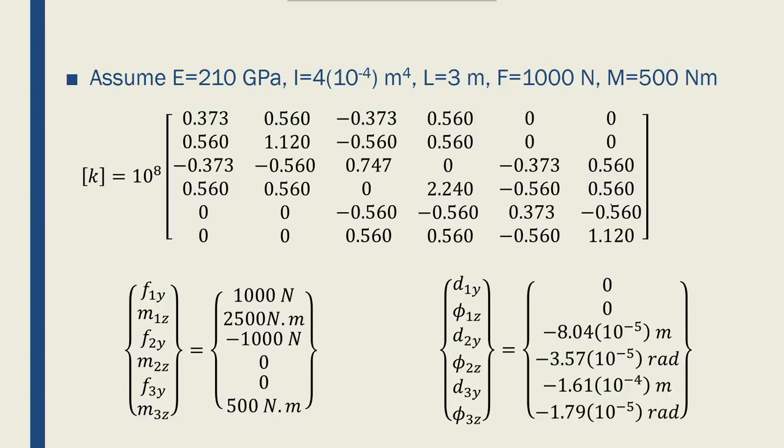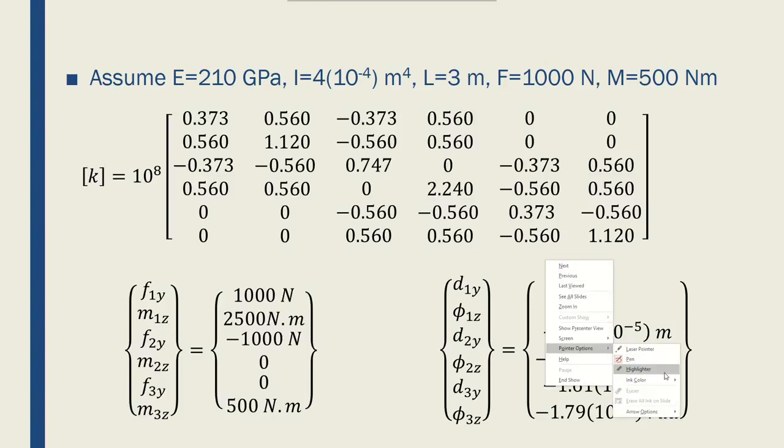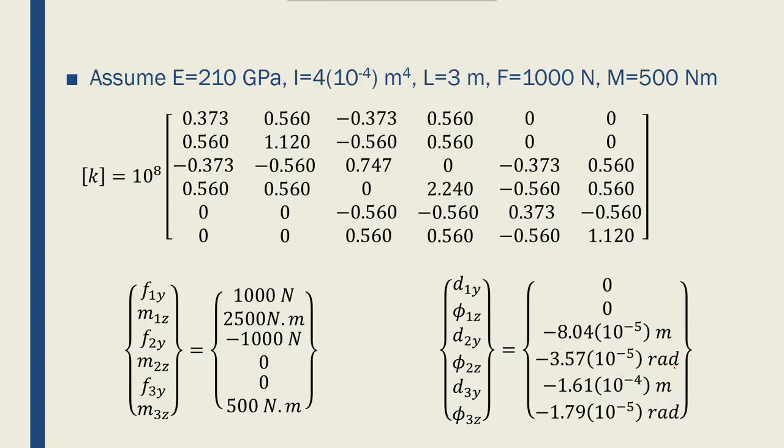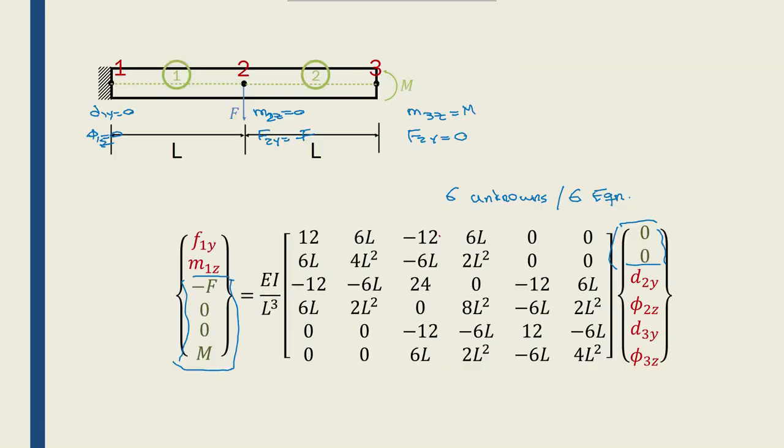If I assume some numbers for I, E, L, F, and M, I'll end up with this 6x6 stiffness matrix. I just have to put the numbers in this big matrix, EI over L cubed times this 6x6 matrix.